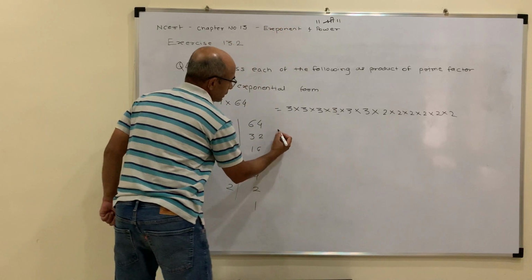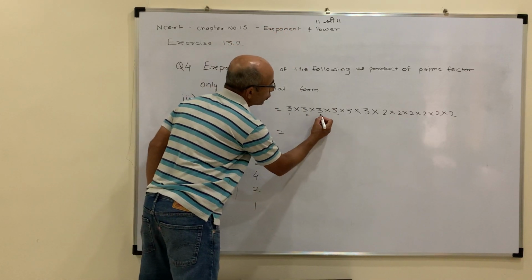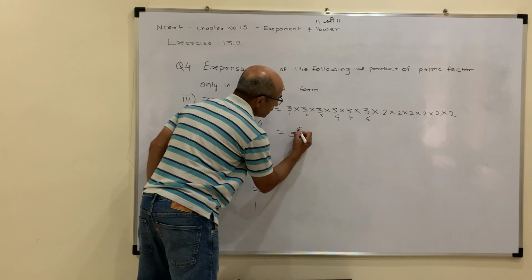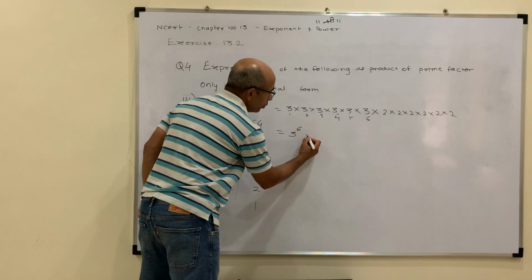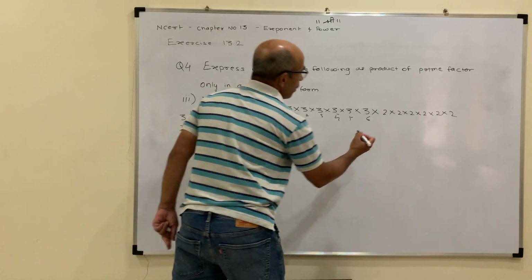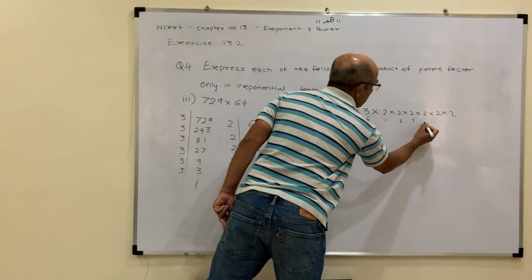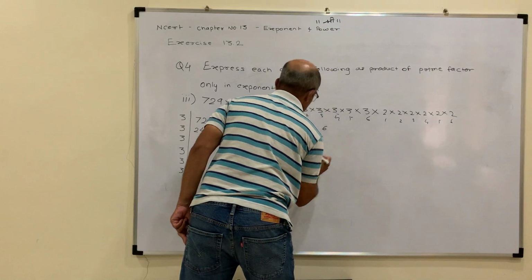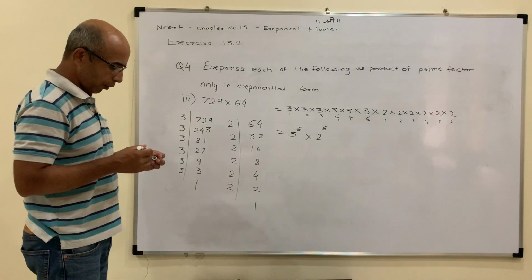So in exponential form I write 3 raised to 6 into 2 raised to 6. So this is my exponential form.